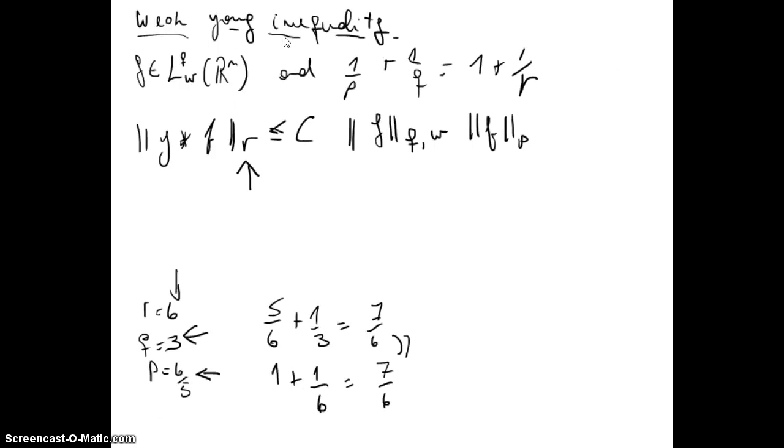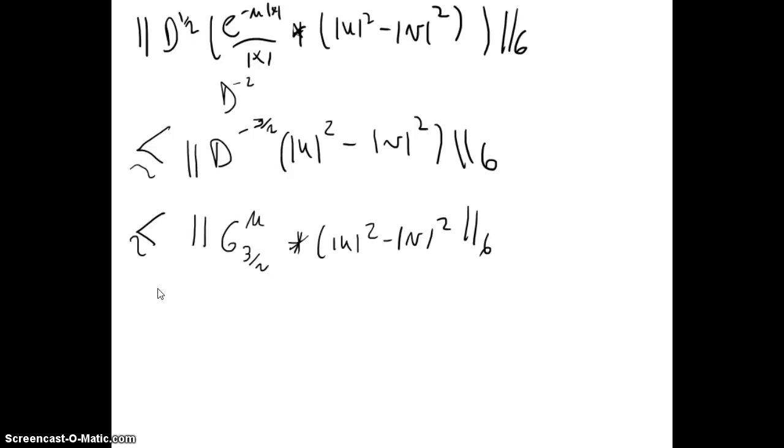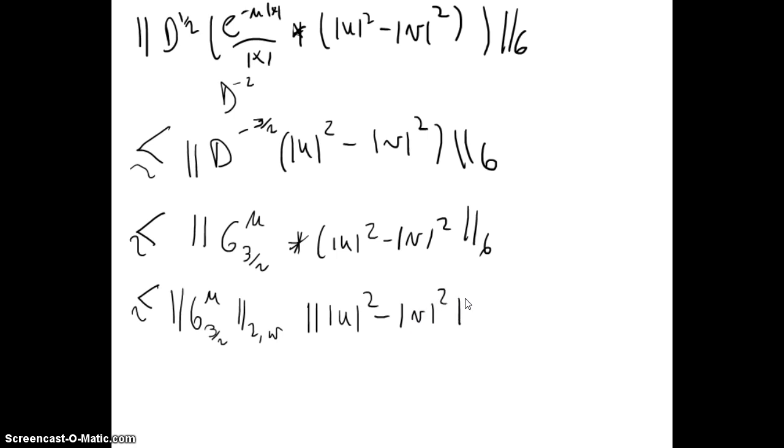So recall with Young's inequality we have a convolution, and choosing r, q, w, and p such that it satisfies this, we can bound with g mu alpha, the kernel. So we can do it here, and we will obtain, in this case, g mu 3 half, 2w, and then the other term, u minus b squared, and we will have 3 halves here.